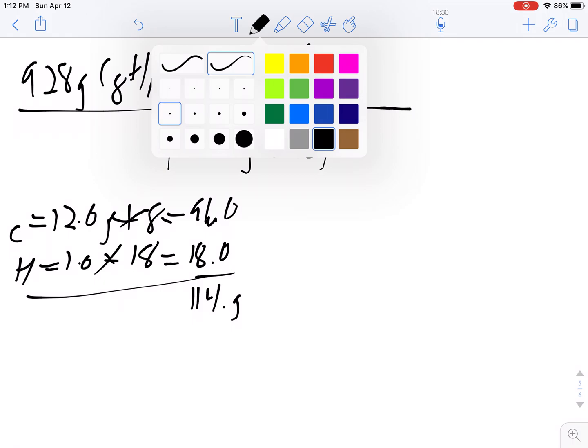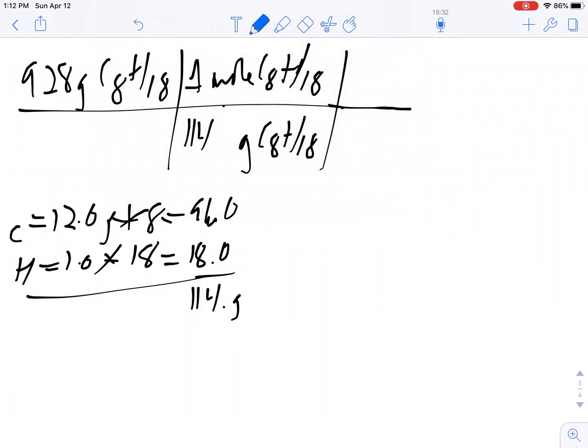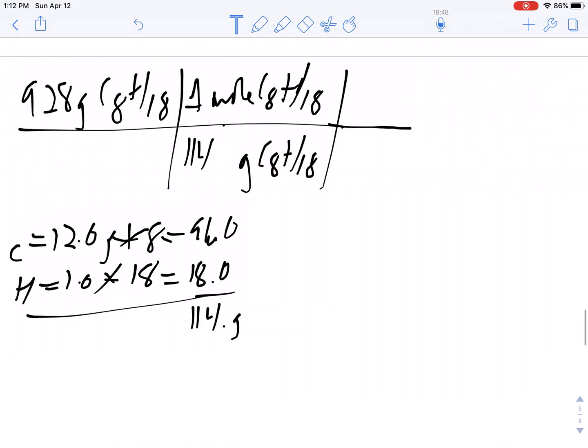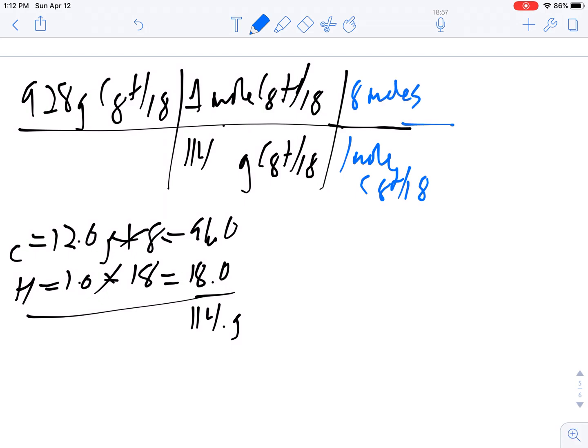Second step, use the mole ratio. So I have to go back to my reaction, and the ratio is 1 to 8. Okay, 1 to 8. So for every 1 mole of gasoline, I'm going to produce 8 moles of carbon dioxide.